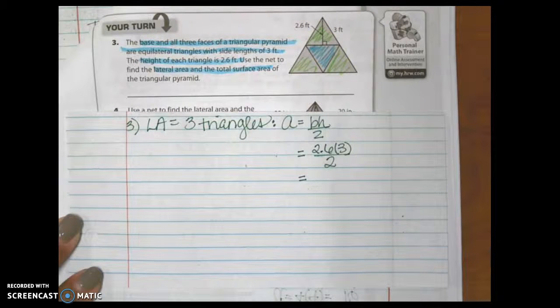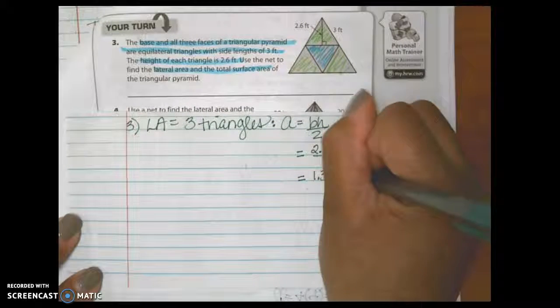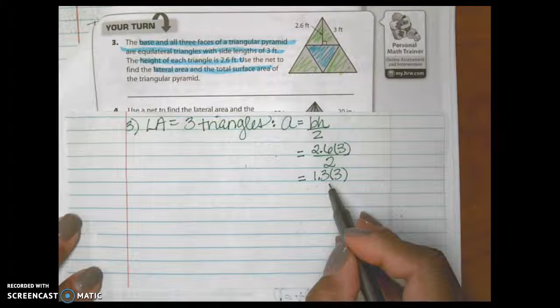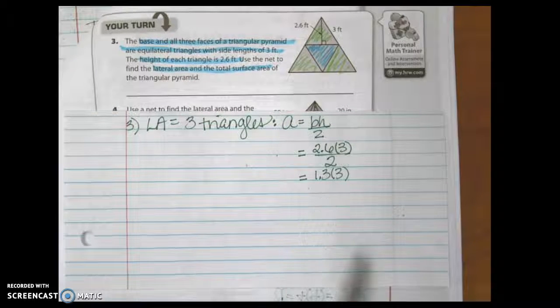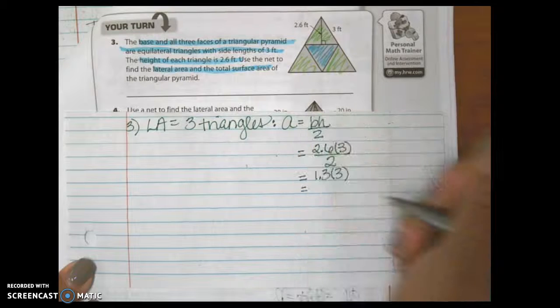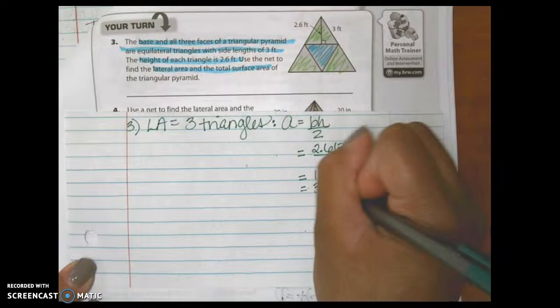What's half of 2.6? 1.3. 1.3 times 3. What's 3 times 13? 39. Good. So what's 3 times 1.3? 3.9.